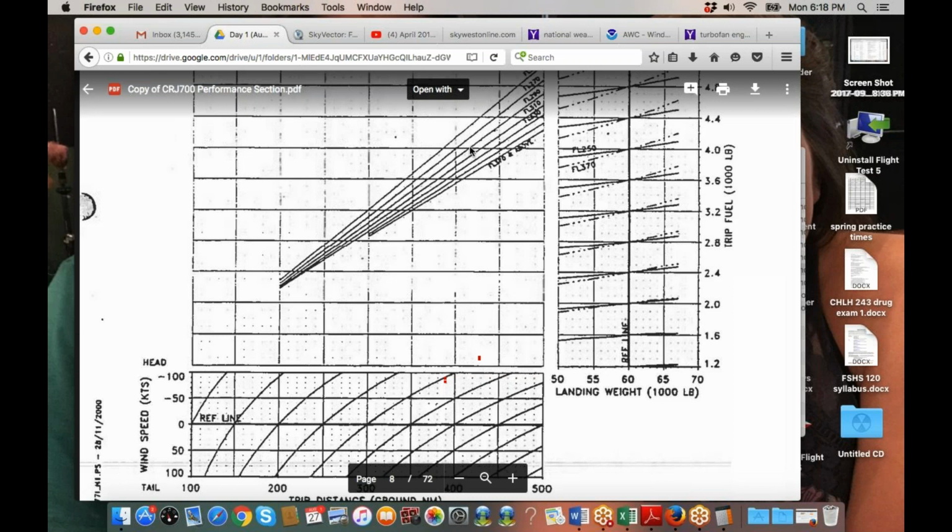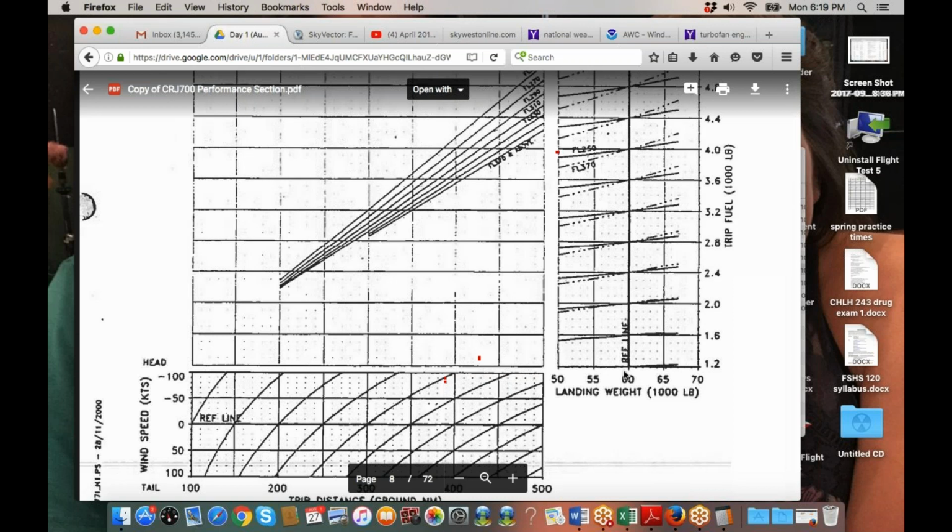As soon as we hit the 290 line, then we start going over here, and then we follow these curved lines up until, okay, we hit around there. So we went up, we hit the 290 line, we go over.